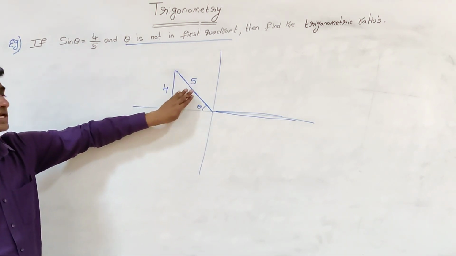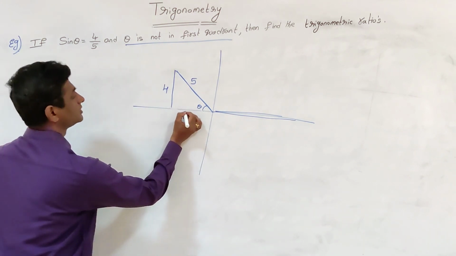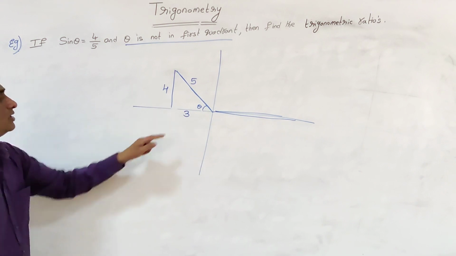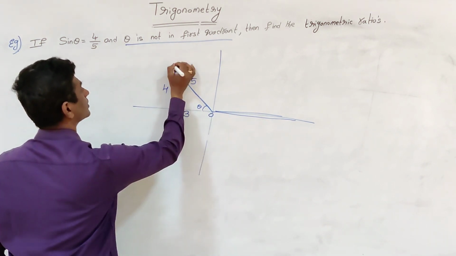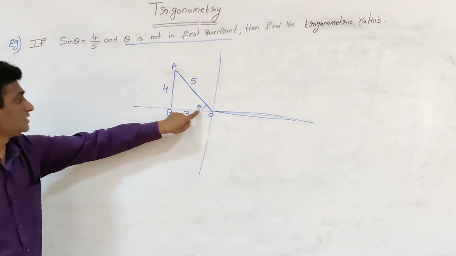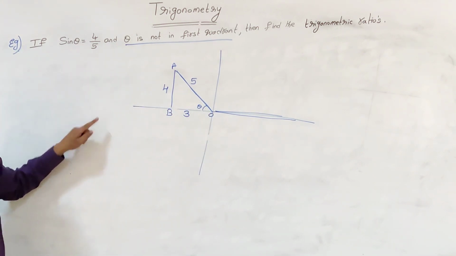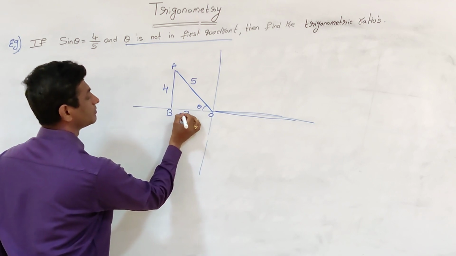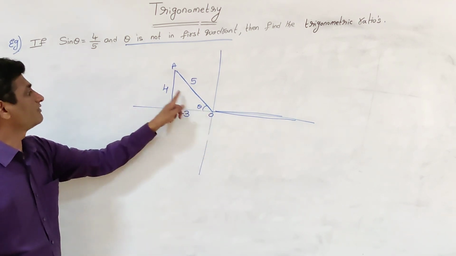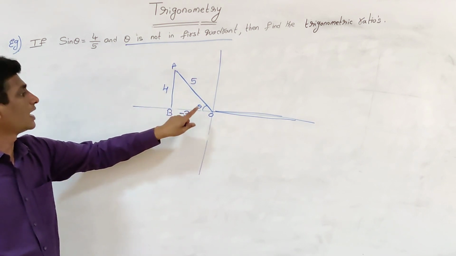From the Pythagoras theorem we get 3 for the other side. But as it is on the negative x-axis, the value will be minus 3. So sin theta will be 4 by 5 as given.